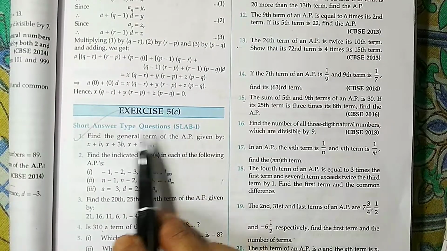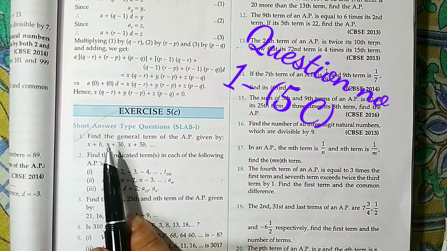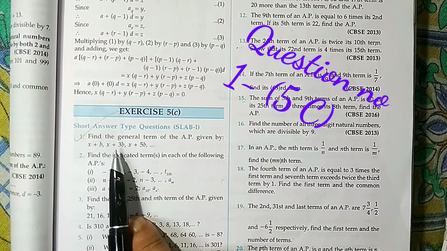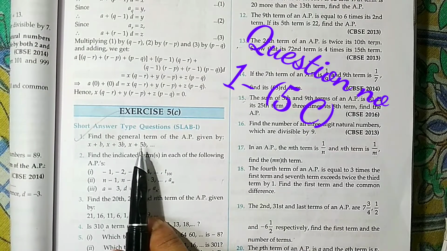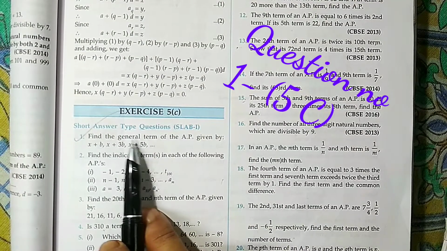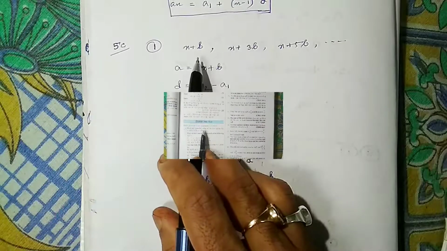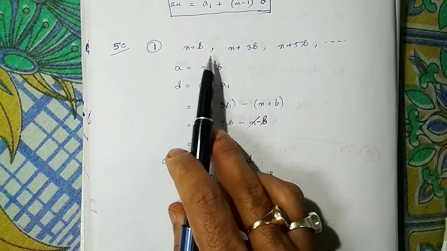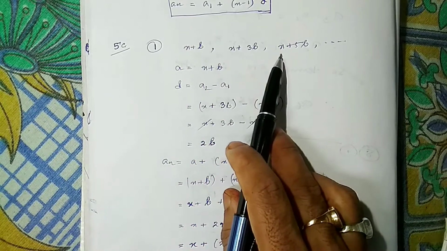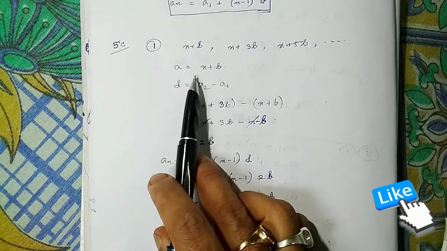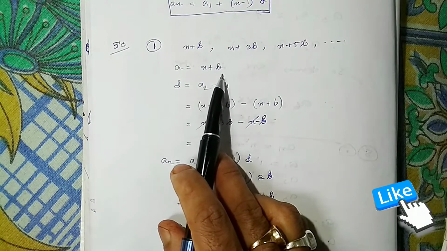In 5C, question number 1 is: find the general term of the AP given by x plus b, x plus 3b and x plus 5b. We are to find the general term. We can say we are to find the nth term. Here terms are x plus b, x plus 3b, x plus 5b and so on. So first term will be x plus b.